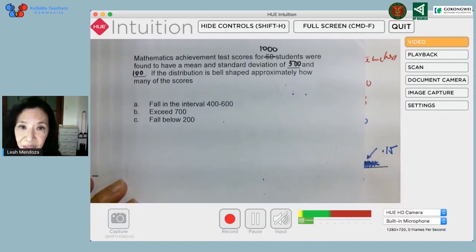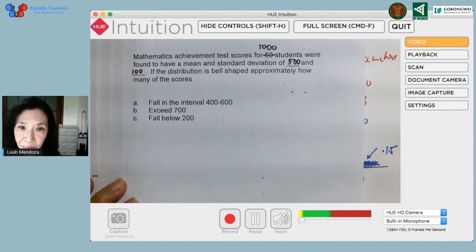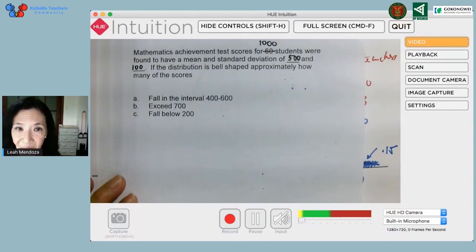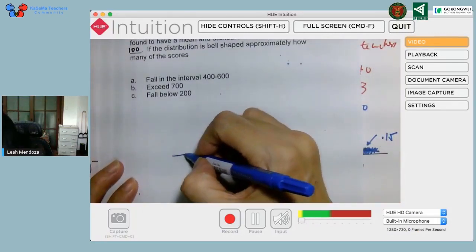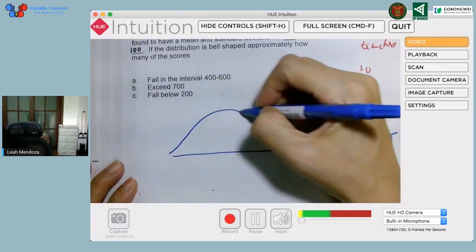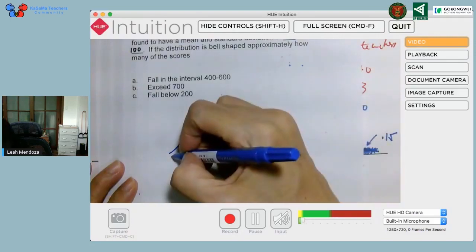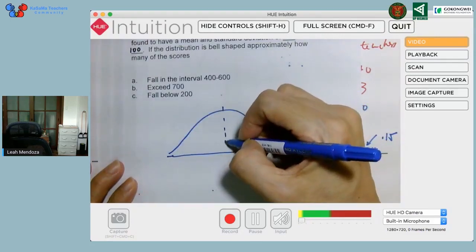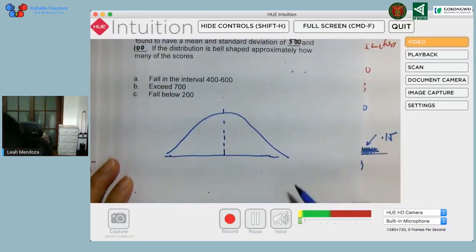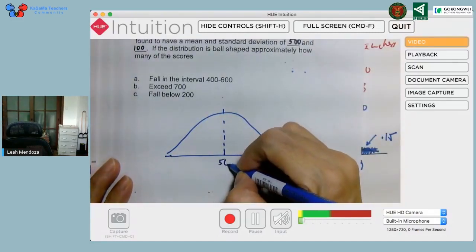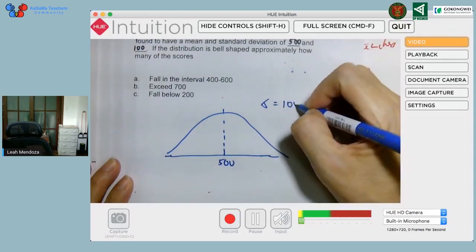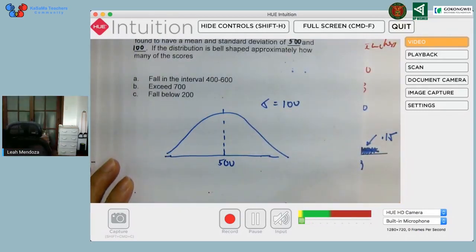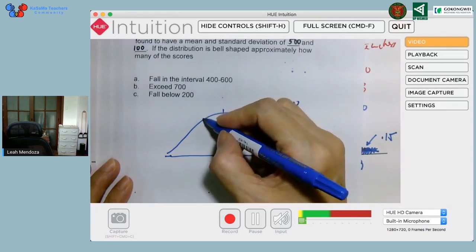If the distribution is bell-shaped, how many of the scores fall in the interval 400 and 600? Okay, that's the normal curve. This is the mean, 500. One standard deviation is 100. And they're asking for 400 to 600.